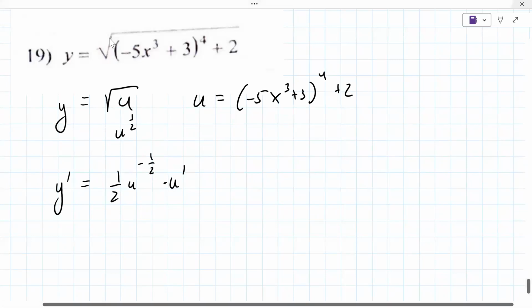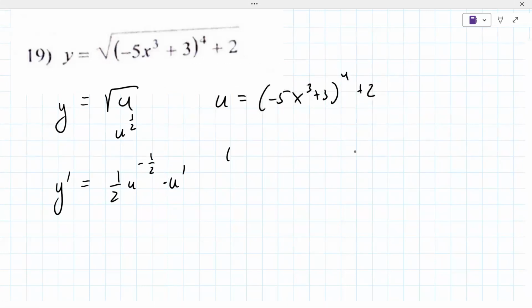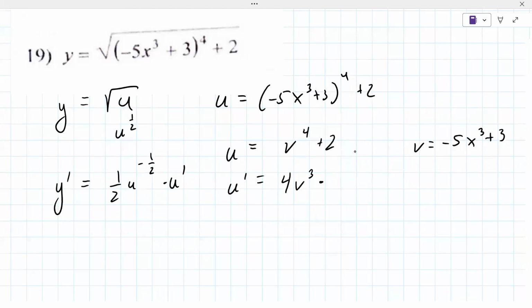The problem is, okay, now I've got to get u prime. I know what u is, but now I need u prime. Well, u has this issue as well. u is really v to the 4th plus 2, where v is minus 5x cubed plus 3. So u prime is 4v cubed times v prime, and v prime is minus 15x squared.